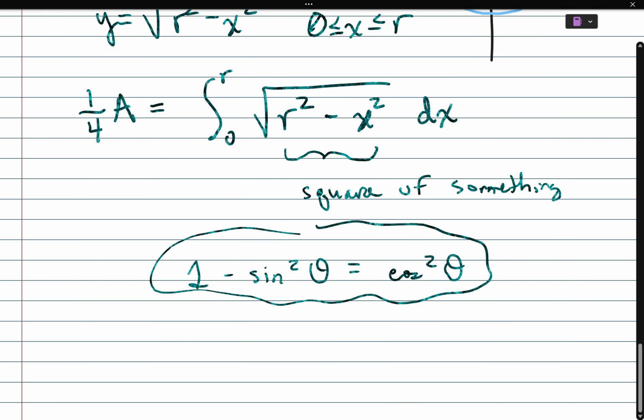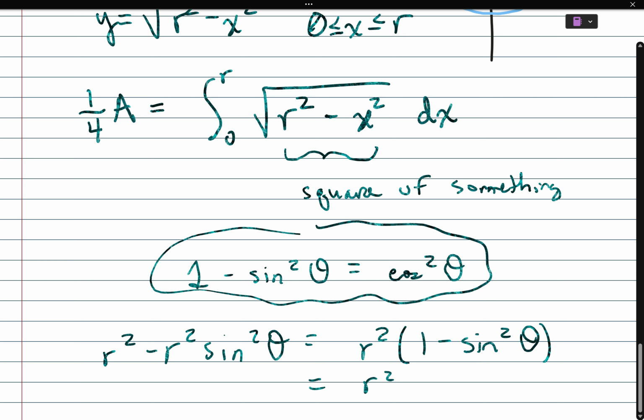In fact, r squared minus r squared sine squared theta is equal to r squared times 1 minus sine squared theta, right? Which would give us r squared cosine squared theta, because 1 minus sine squared theta is cosine squared theta.